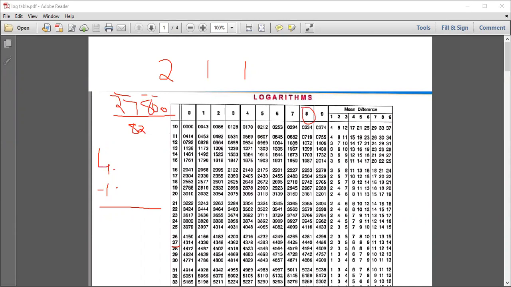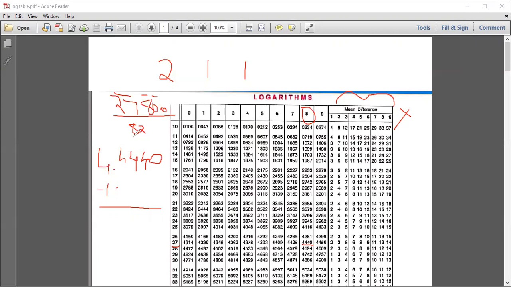So 27 in column number 9, you keep your scale, and you will see this number, 4440. The mean difference is 0, but there is no 0 over here, so the mean difference will not come in. So 27 under 9, we got 4440.